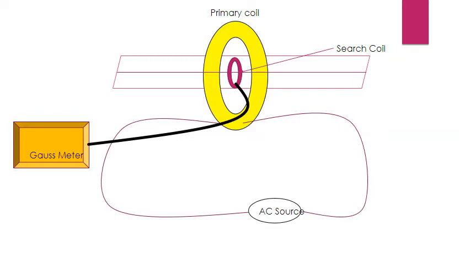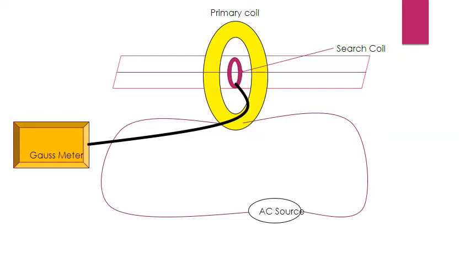Whenever this search coil is moved along the axis from the center, it can receive different orders of magnetic field, whether it moves to the left side or the right side.